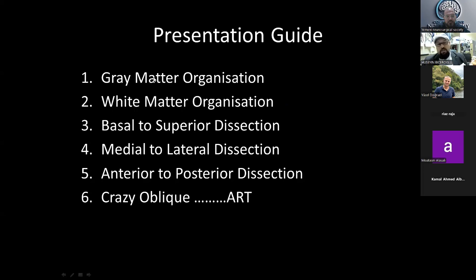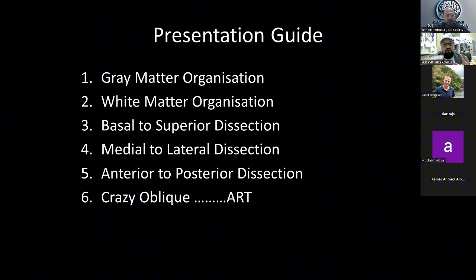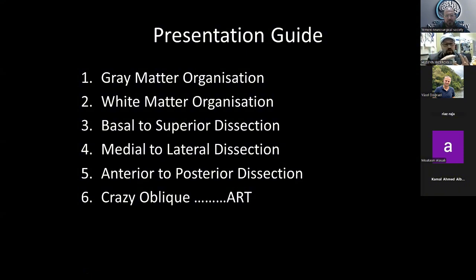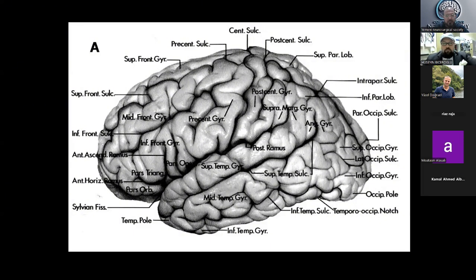I will mention gray matter, white matter, and dissect 4 different ways to reach the occipital lobe: basal to superior, medial to lateral, anterior to posterior, and some crazy oblique dissections, to have a deep understanding of the occipital lobe with the ventricles, the occipital lobe with the central core area, and the frontal lobe.